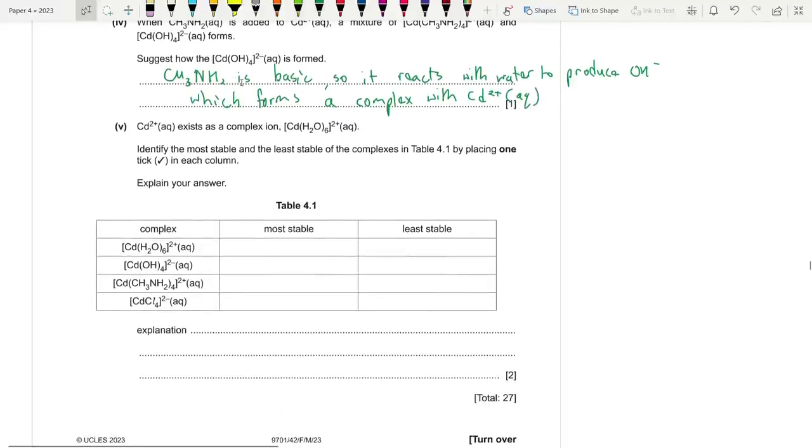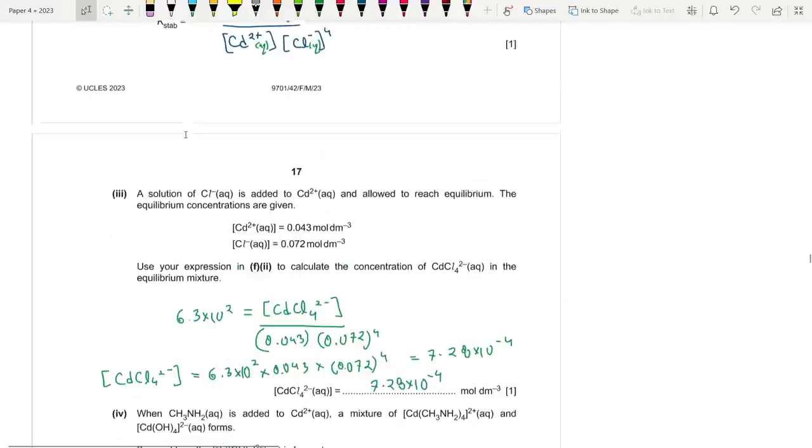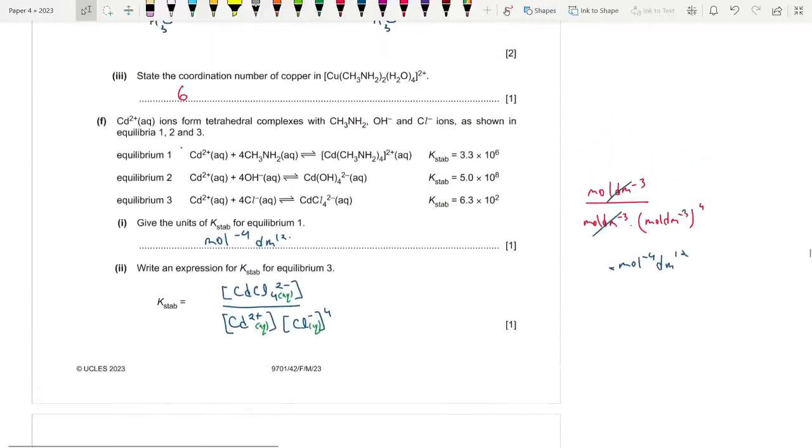Cd2+ exists as a complex ion [Cd(H2O)6]2+. Identify the most stable and the least stable of the complexes in table 1, placing one tick in each column. Explain your answer. Okay, let's check this table. Guys, the higher the value, the more stable it is. So this aqueous ion is the least stable because all of these values are higher. And which is the most stable? This [Cd(OH)4]2-, because it has the highest value, 10 to the power 8.